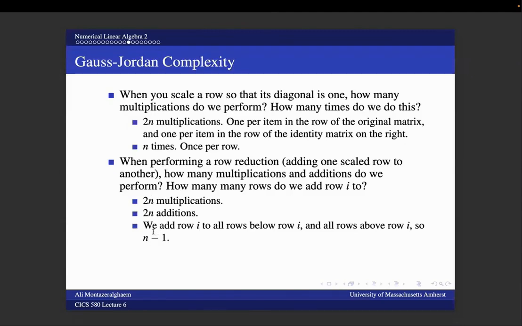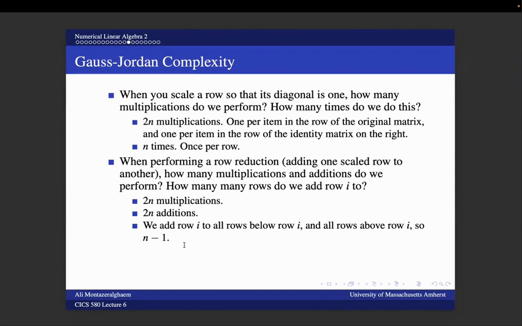And then we add the row i to all rows below row i, and all rows above i. So we do that n minus 1 times.